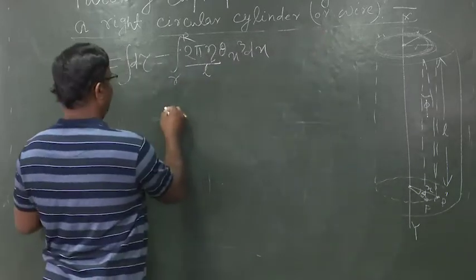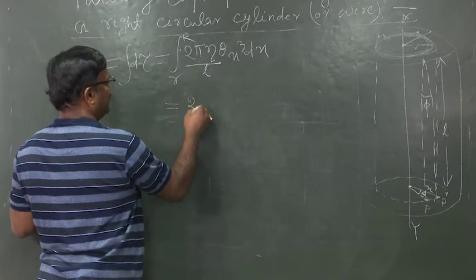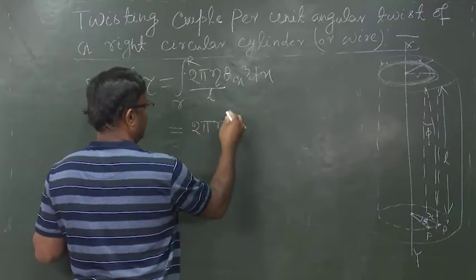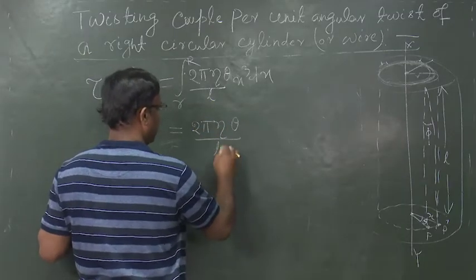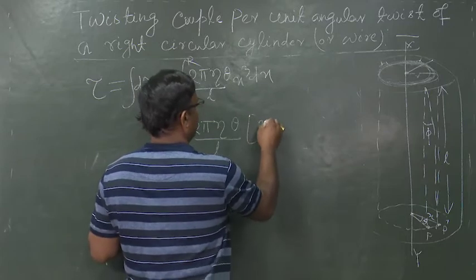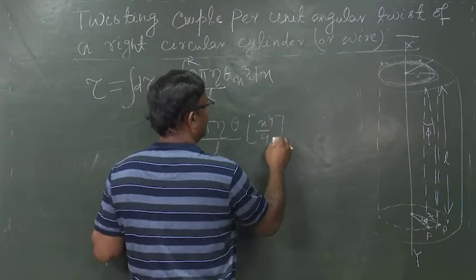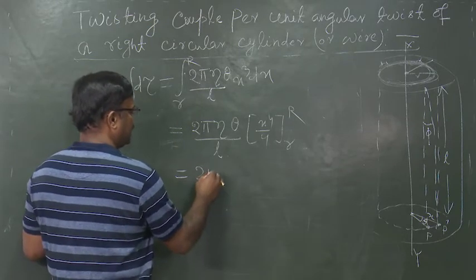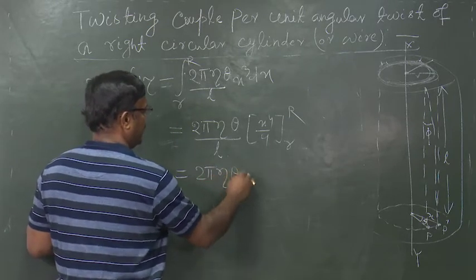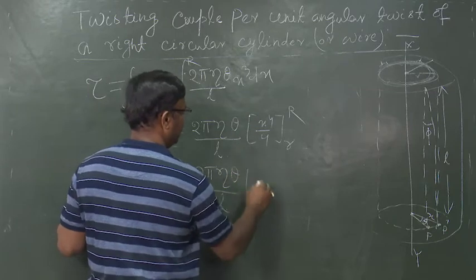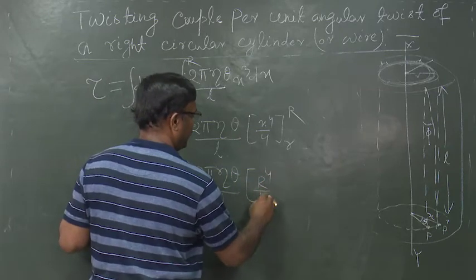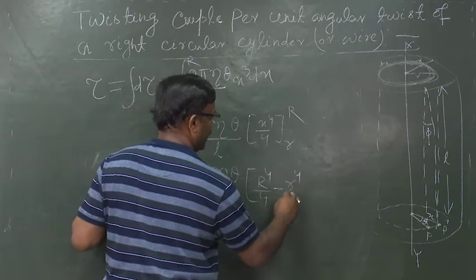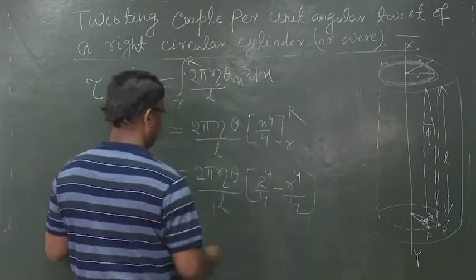Now, after integration, this becomes 2 pi eta theta by L x to the power 4 by 4 from small r to capital R, and it can be written as 2 pi eta theta by L into capital R to the power 4 by 4 minus small r to the power 4 by 4.